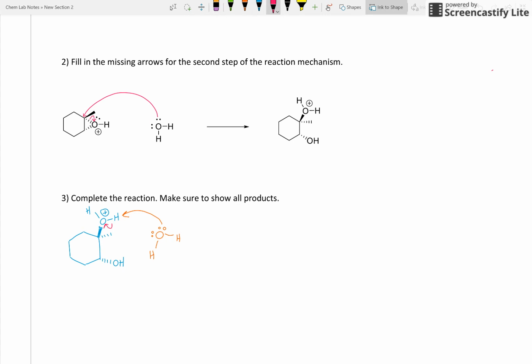If we follow those mechanistic arrows, we've got our six-membered ring here. There's my deprotonated alcohol now, and there's my OH that came from the three-membered ring to begin with.